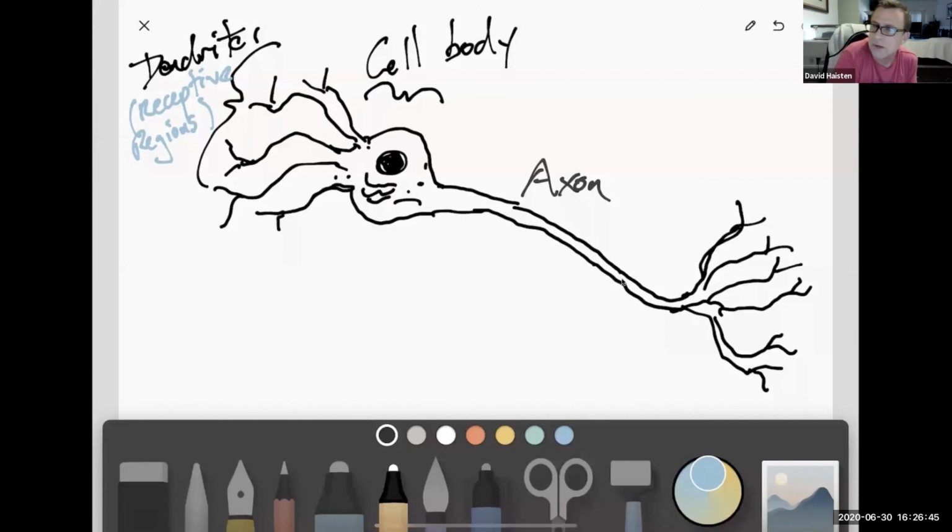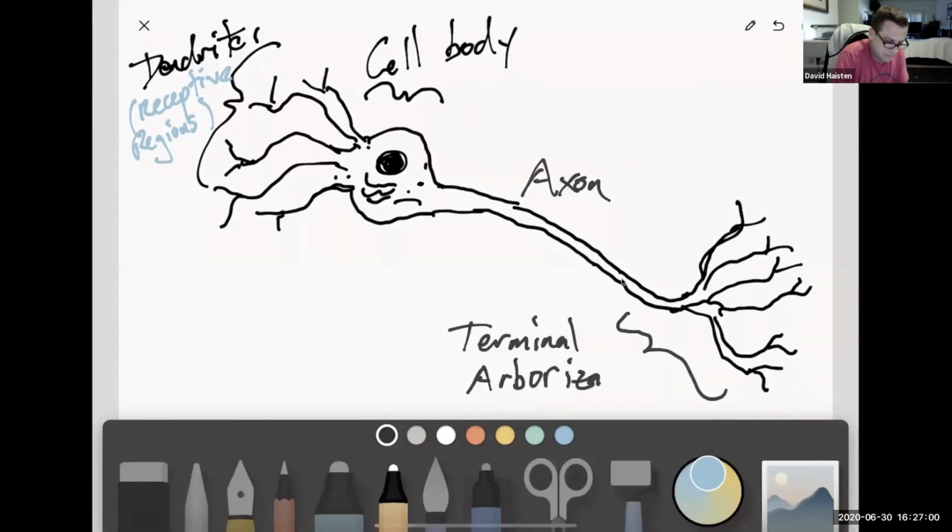Where it has all the extensive branching at the end, this is the terminal arborization, like a tree, terminal branching. And then what we have at the end are synaptic terminals.